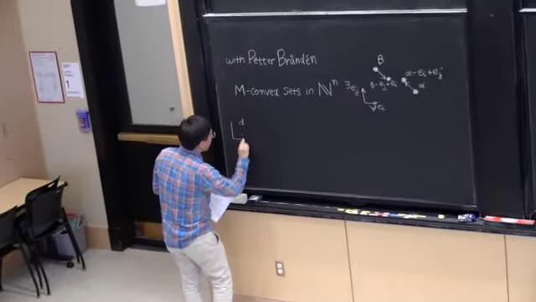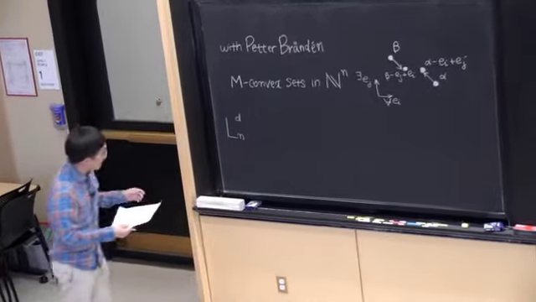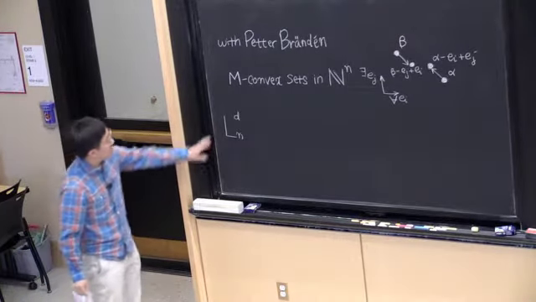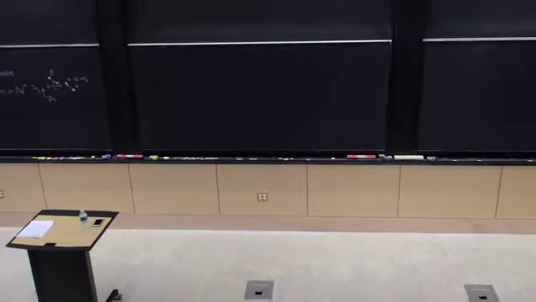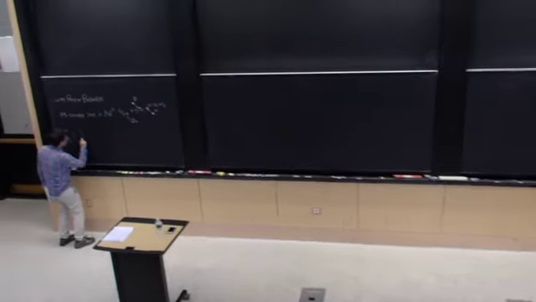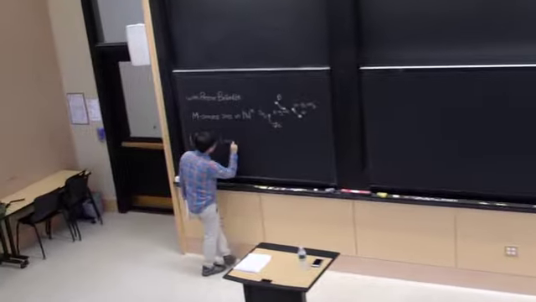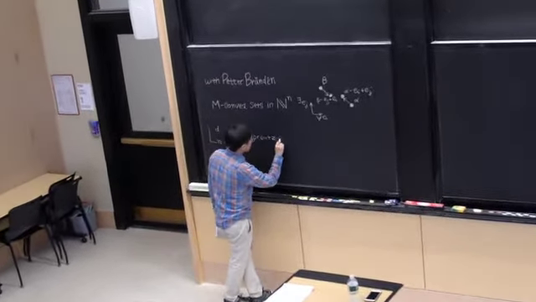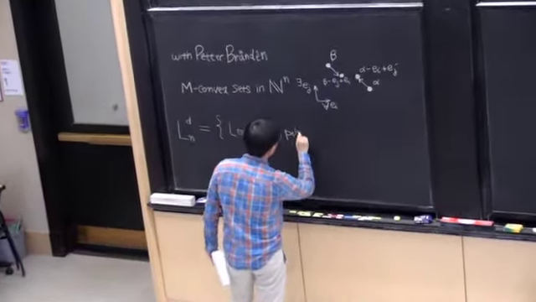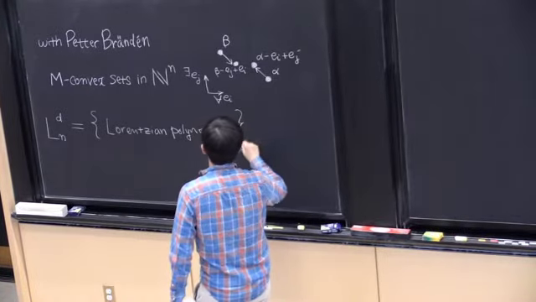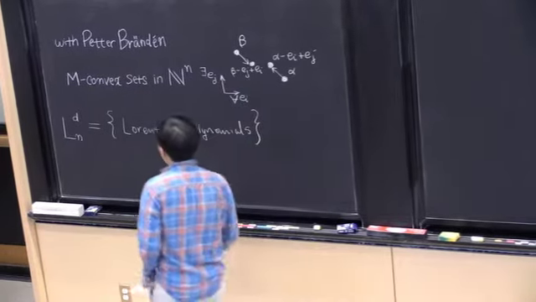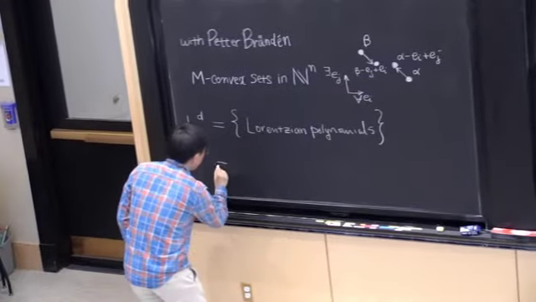At least in this case, the starting point was the many different descriptions of this set L_d^n, the space of Lorentzian polynomials of degree d in n variables. This is my notation for Lorentzians. You can describe it in many different ways.